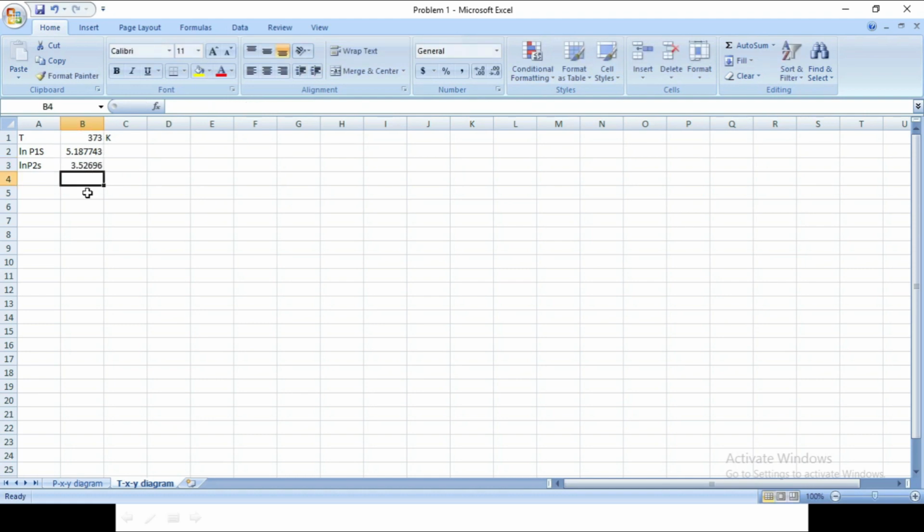After determining ln P1s and ln P2s, let us determine P1s and P2s. P1s is nothing but the exponential of ln P1s.